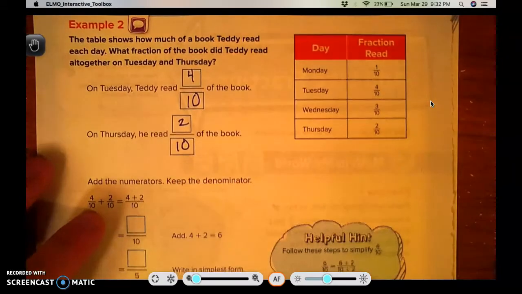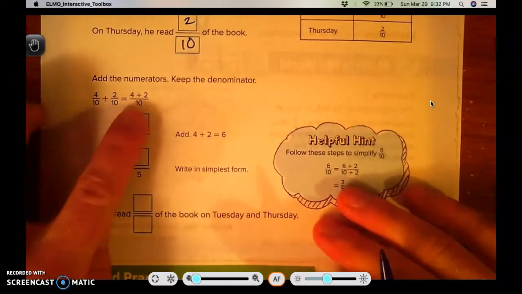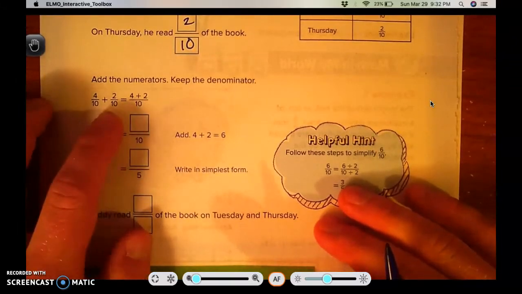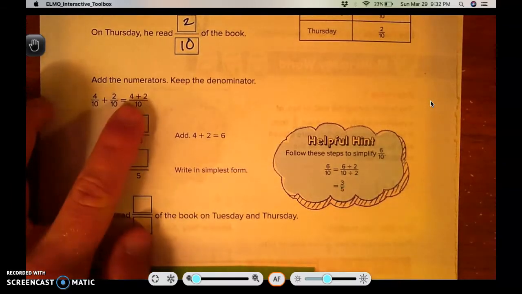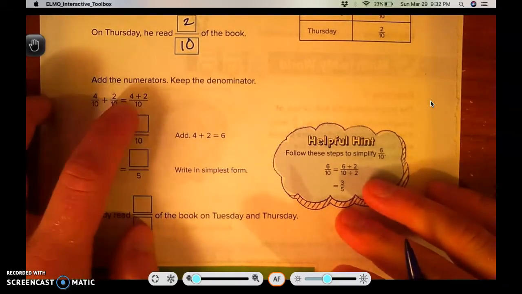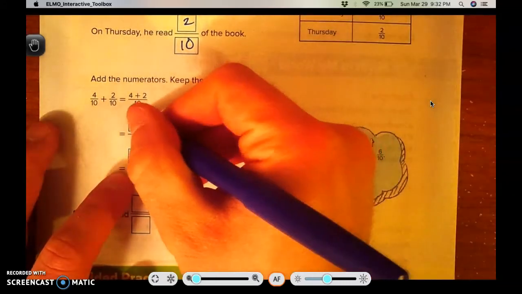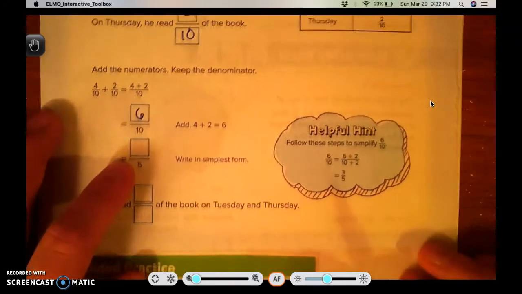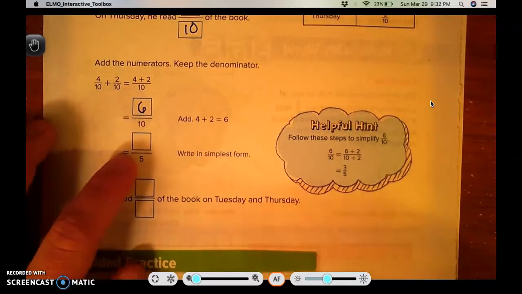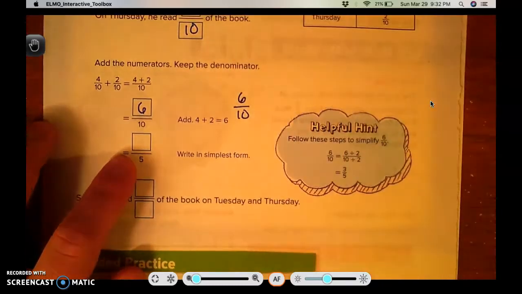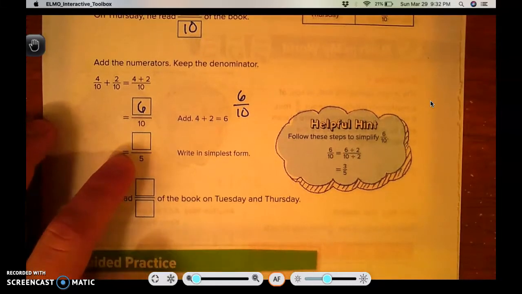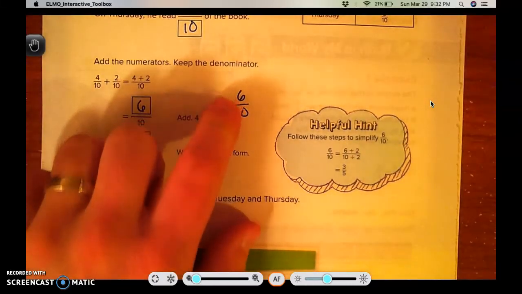So again, when we set it up to add it, we're not going to change the bottom number, or the denominator. It's going to stay the same because we still have the same pieces. We're just going to add the top number. So 4 and 2 gave us 6 over 10 total. Looking at 6/10, we want to ask ourselves, is that the simplest way we can write it, or is there a factor that goes into both 6 and 10?